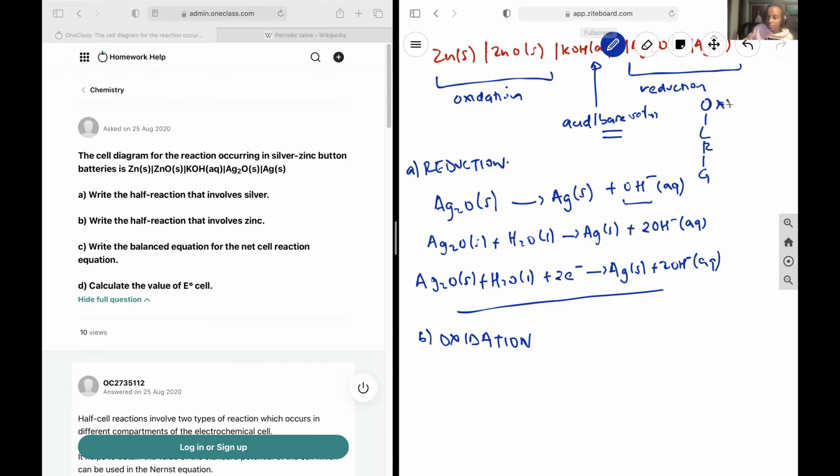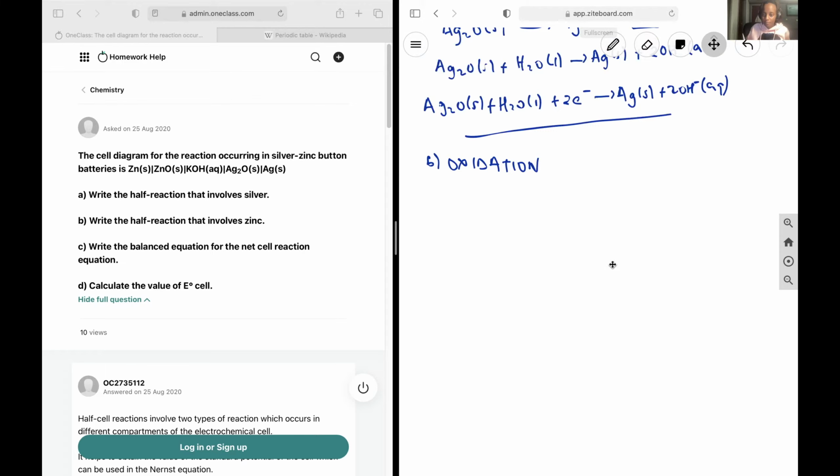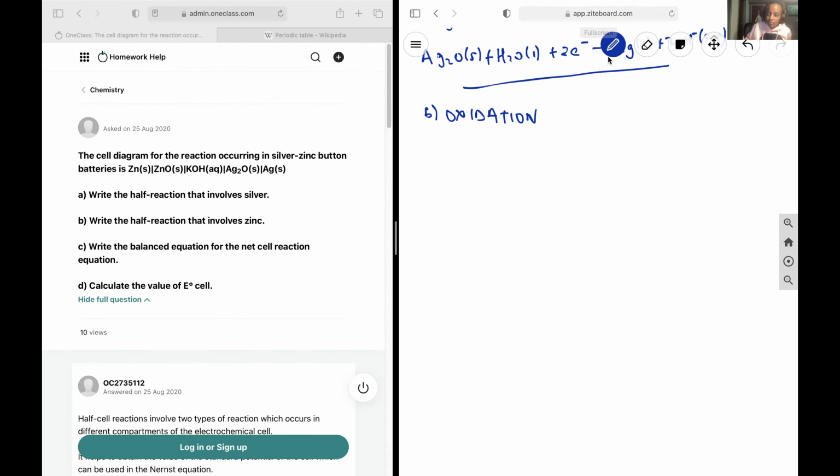Oxidation is loss, reduction is gain. So here we have reduction, and we see it's gaining electrons to become something else. In our oxidation half, we're going to want to see the loss of electrons. So we're going to want to see electrons on the other half of the equation.